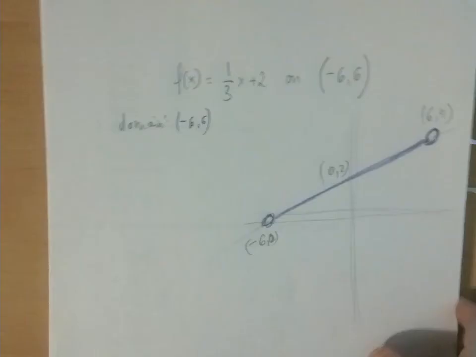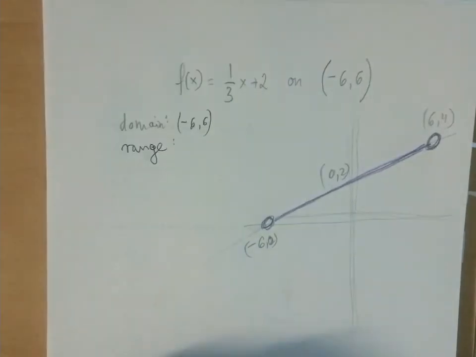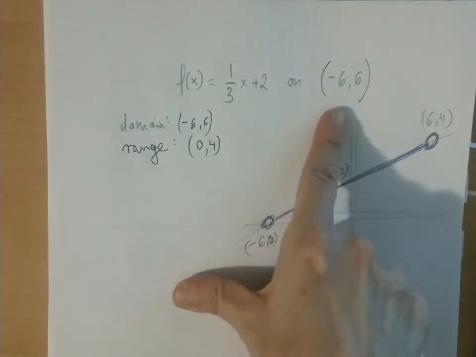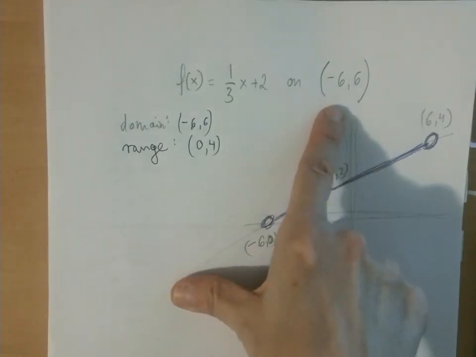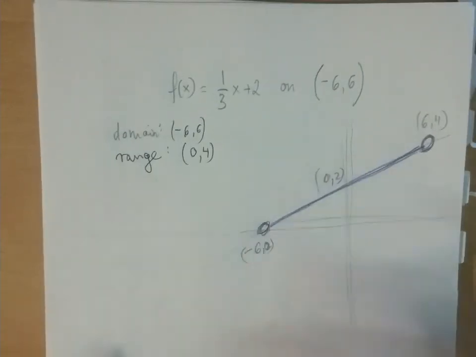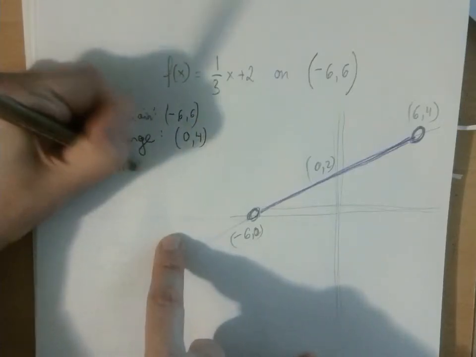So let's see. Domain was given. The range, now that we have this graph, because we have looked at this line several times already, we can just see that it's going to go from 0 to 4, but it's going to be an open interval, right? No number in this interval will have a 0 assigned to it, because the one that does is negative 6, which is not in the set. Maximum, minimum.